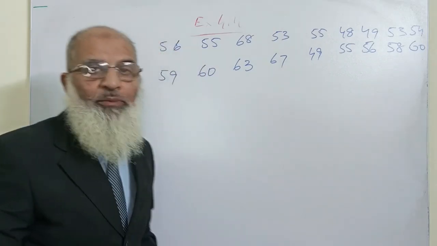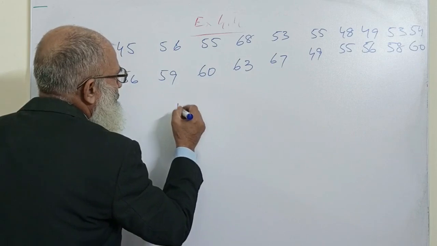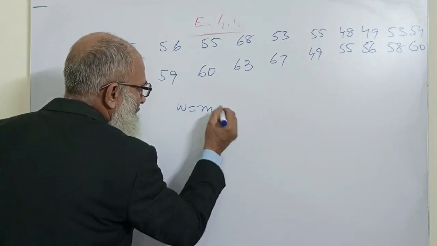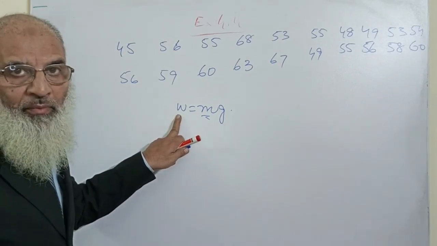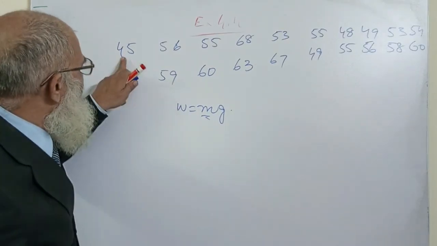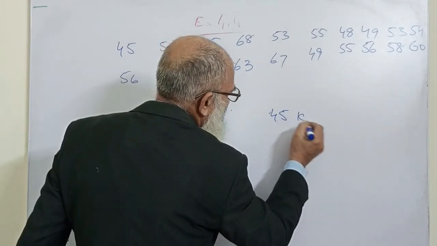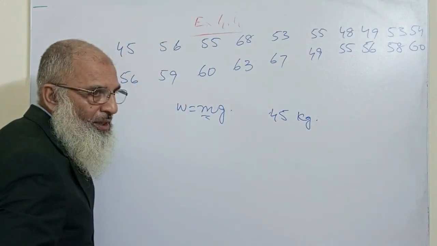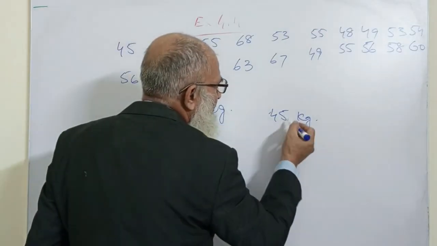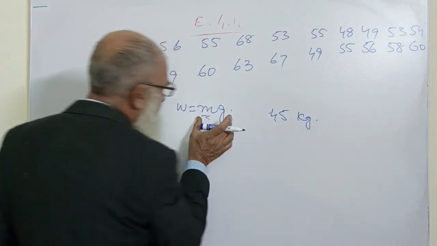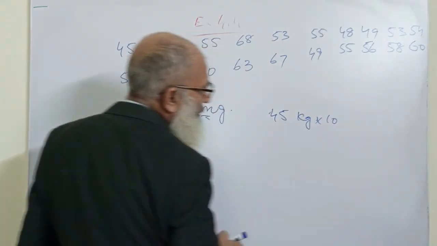So, what is the mistake now? This is mass, and this is weight. If you say 45 kg mass, then to get the weight you will have to multiply it by 10.